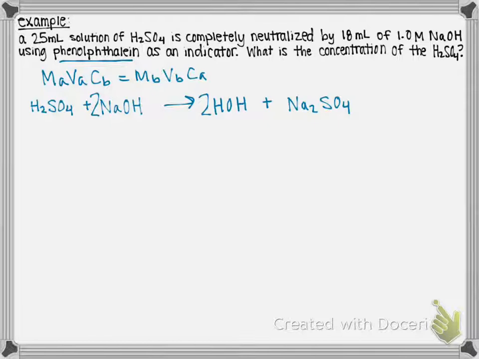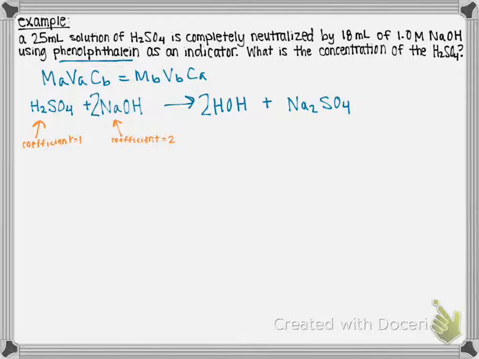So, for example, H2SO4, you just have one of them, so the coefficient is 1. And your base, you have 2 of them, so the coefficient is 2. Alright, now that you have that balanced equation written out, you can plug everything into your equation.